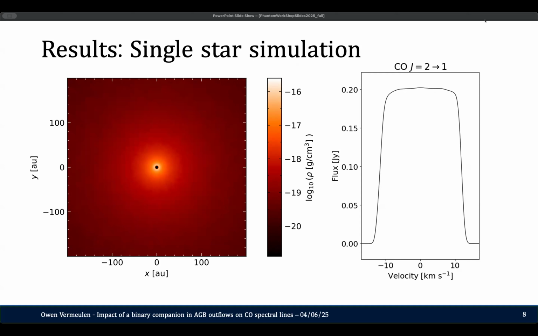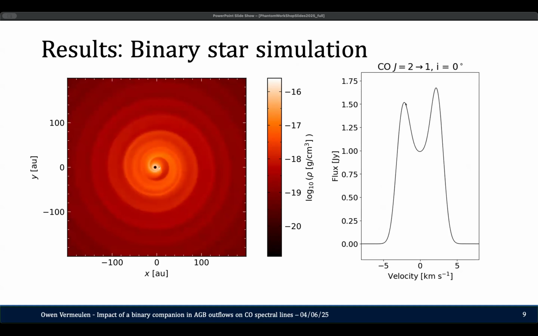And this is also what we expect from the 1D models that have often been used in modeling these observations. At least this is expected in the optically thin case. If we move towards higher mass loss rates and you get more optically thick, you expect actually a parabolic line profile instead. So this we can strongly contrast with a binary star simulation.